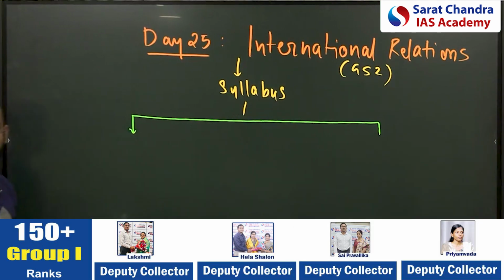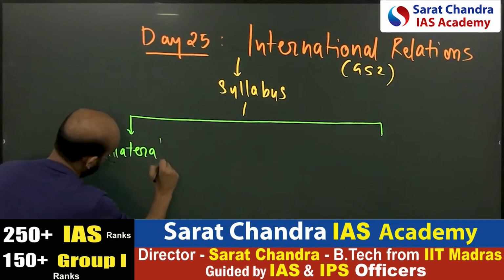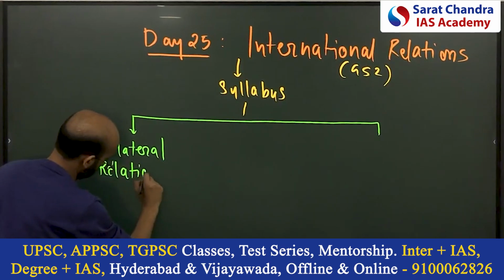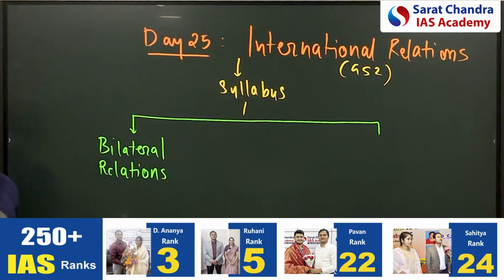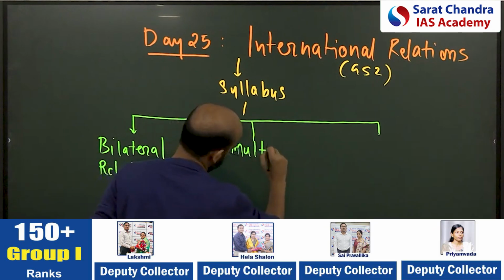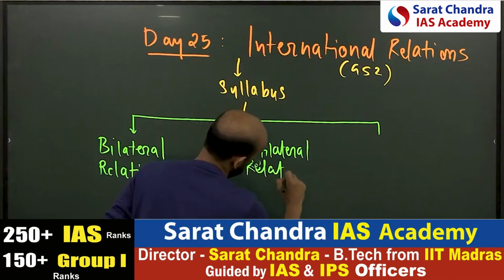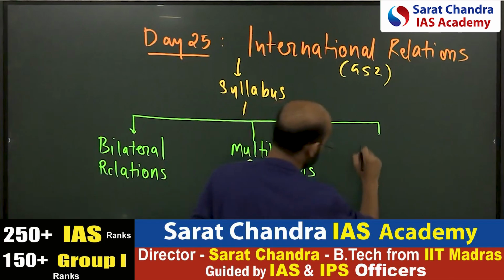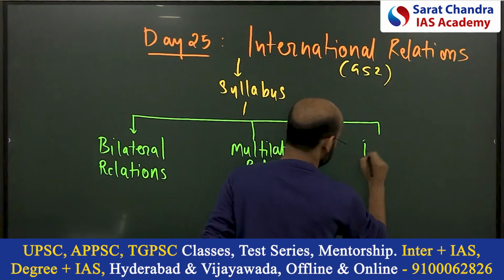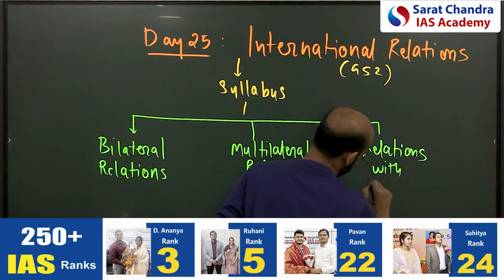Component number 1 is bilateral relations. Second is multilateral relations. And third is relations with the diaspora.